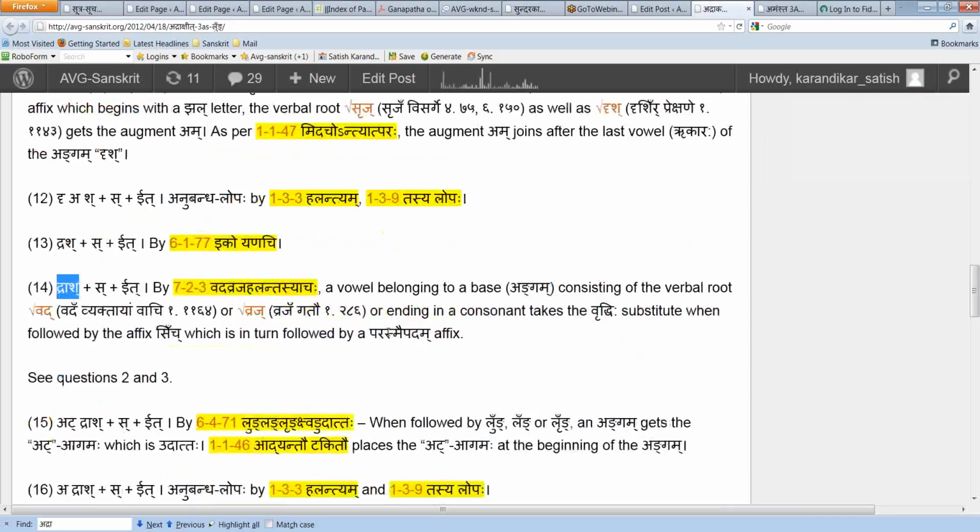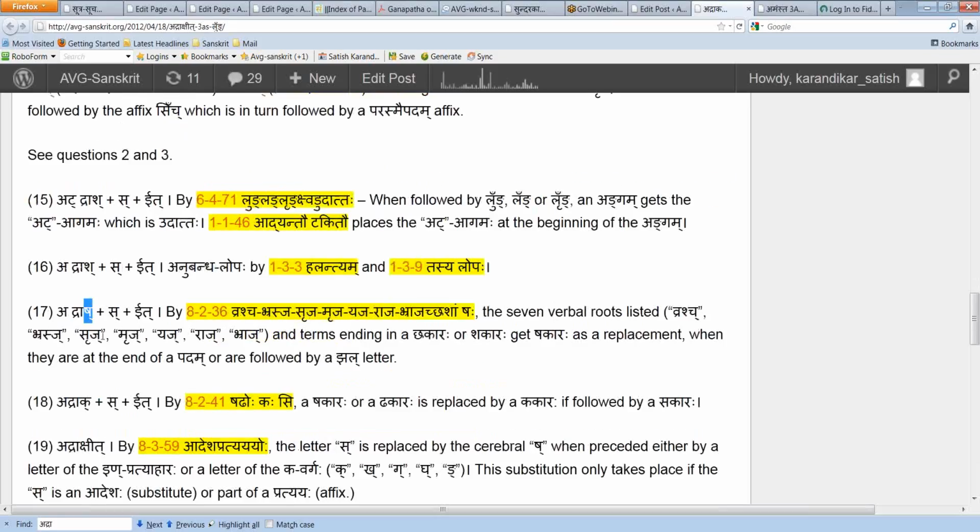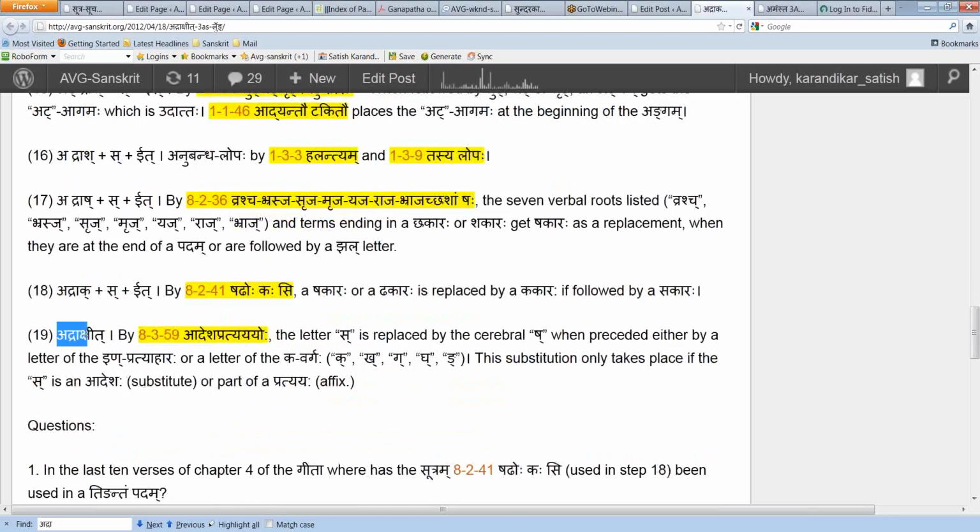And then sandhi karyam, we did vrashcheti, of course ad agama, then vrashcheti shah, because we have a talavya shakara of a dhatu followed by a jal, so jalipadante. So it takes the murdhanya adesha, then shadoh kah si, murdhanya shakara or dhakara followed by sakara takes the kakara adesha. And finally adesha pratyayayoh, we got the form adrakshit.